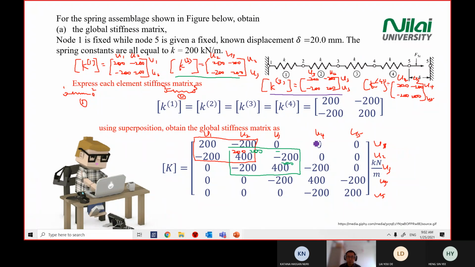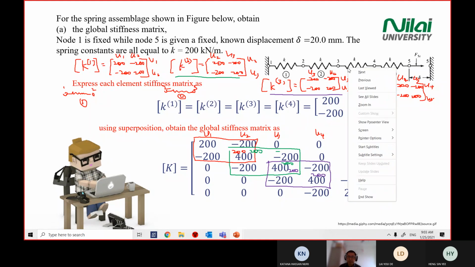Where is the U3, U4? It is this one and this one. So it is in this location. You copy the numbers U3, U3, so you get 200. Then this is negative 200, negative 200, and 200 here.